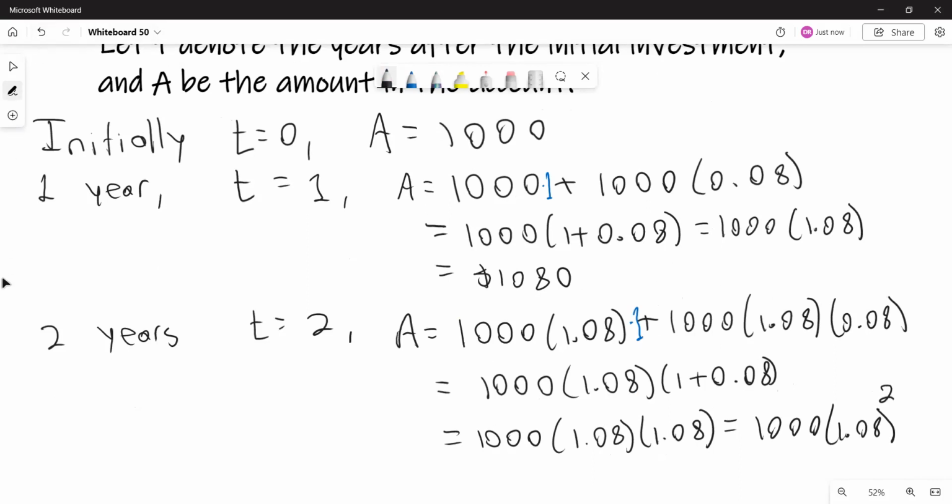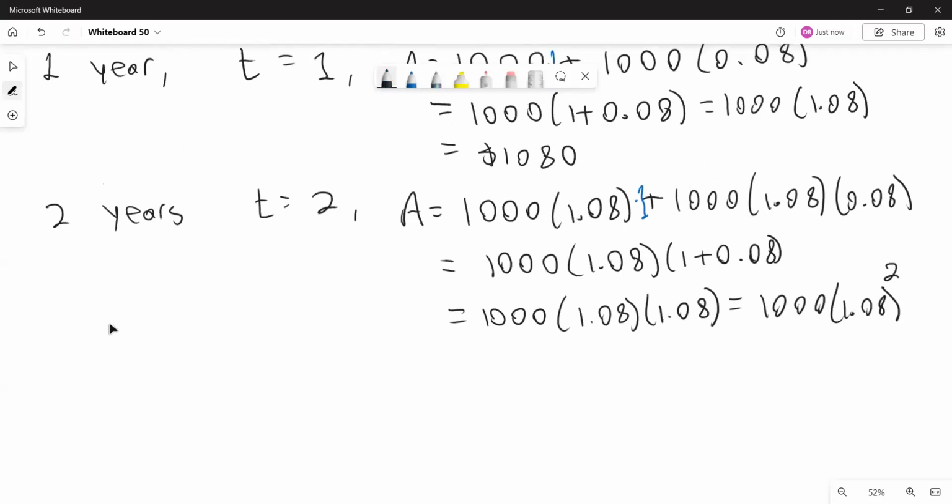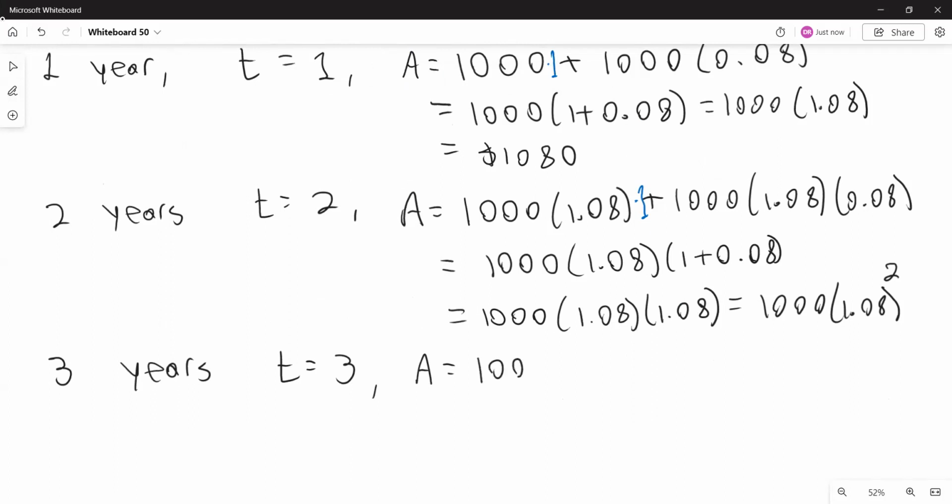And I will do one more. After 3 years, the previous amount will earn 8% interest.